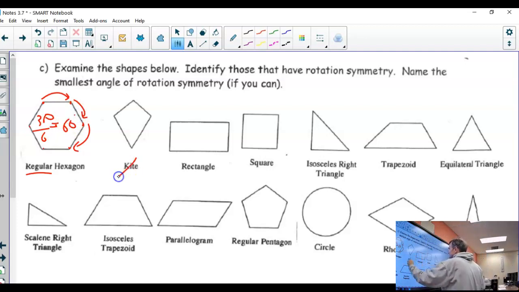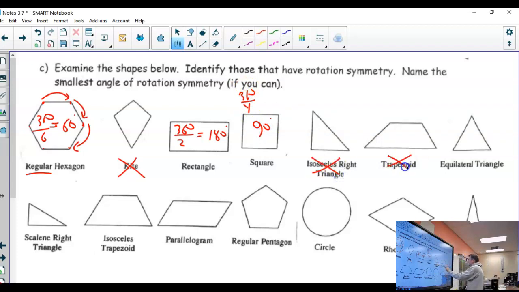The kite, no such luck. The rectangle matches up with itself twice, which is every 180 degrees. The square matches up with itself 4 times, which is 90 degrees.